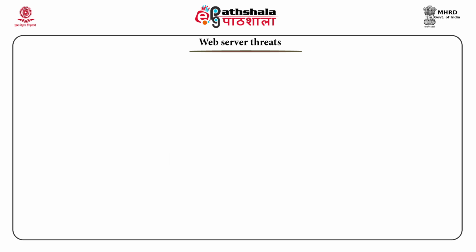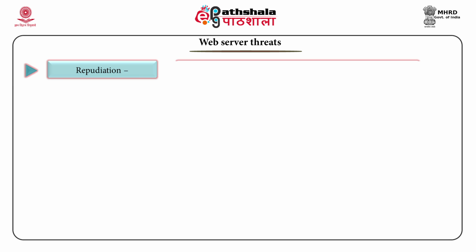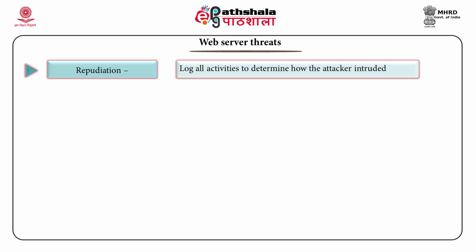Now we have seen client side threats, we will look at the server side threats. Web server threats: the first is repudiation. Repudiation, that is, we cannot deny the fact that these activities occurred on the server. For that, log all activities to determine how the attacker intruded in the system.